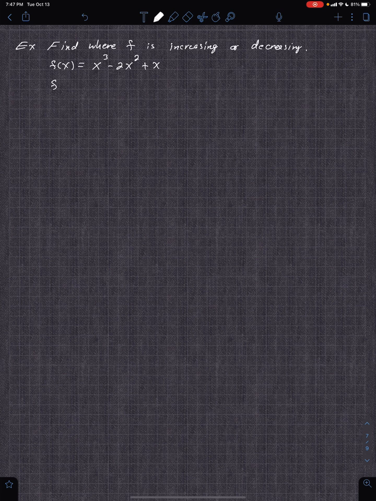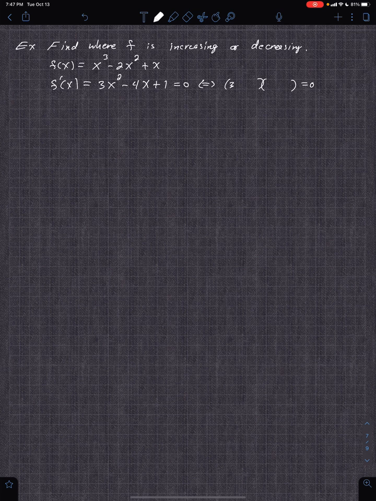So that's the first thing you can do, is just start taking derivatives. F prime is 3x squared minus 4x plus 1. You set that equal to 0 and solve. Okay, so you factor it, product of two binomials.